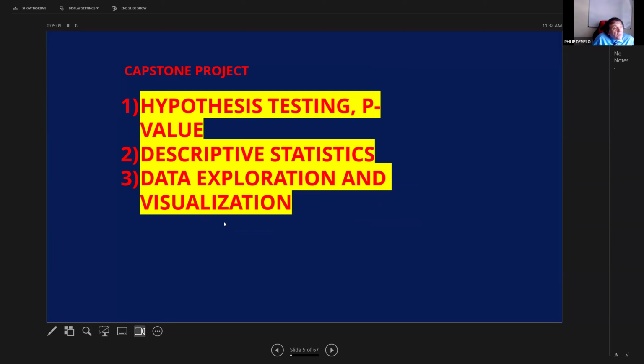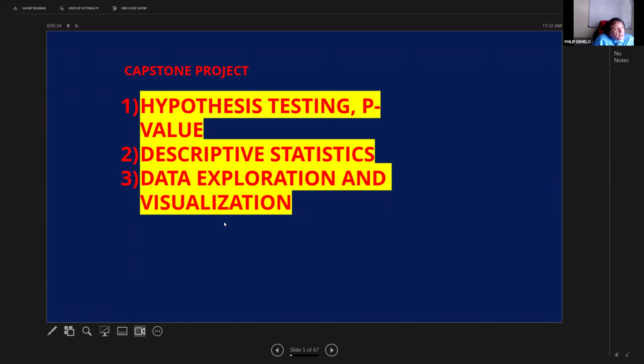Then they also use the descriptive statistics that we train them in the first 3 weeks. For beginners, they are focused on data exploration and visualization. In data exploration, they use partially Python programming, and also Tableau Prep.